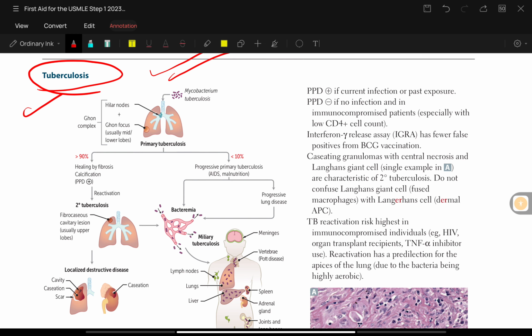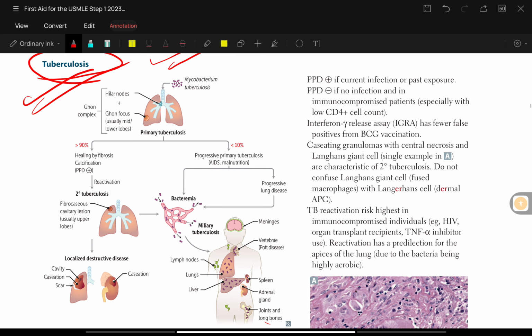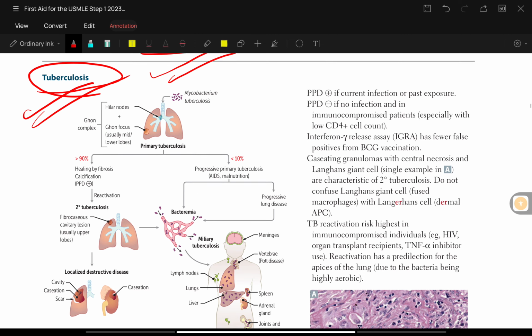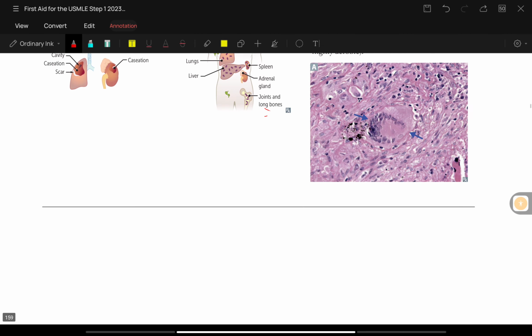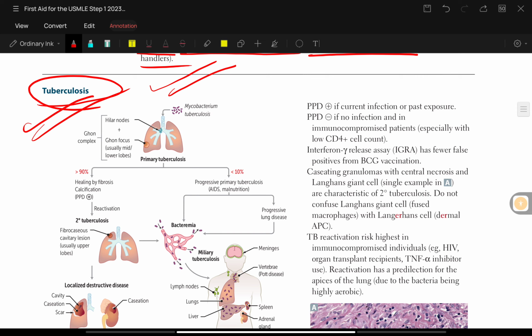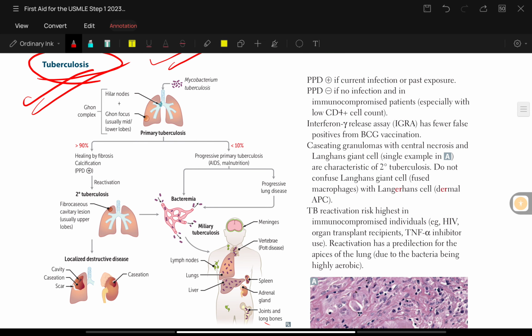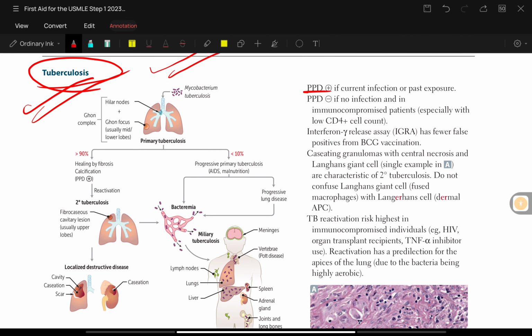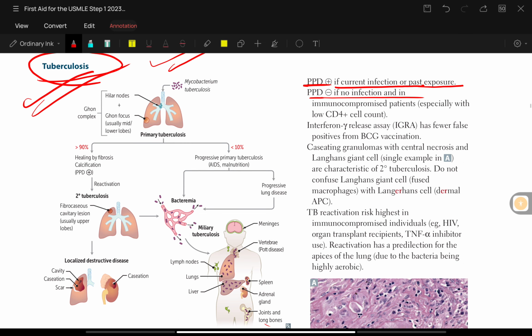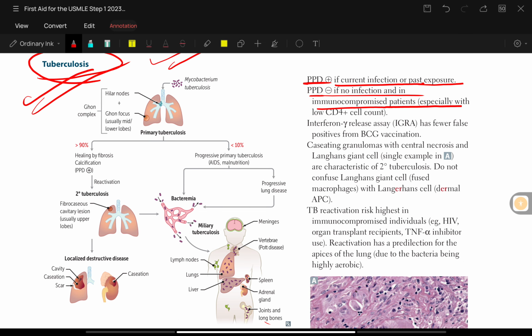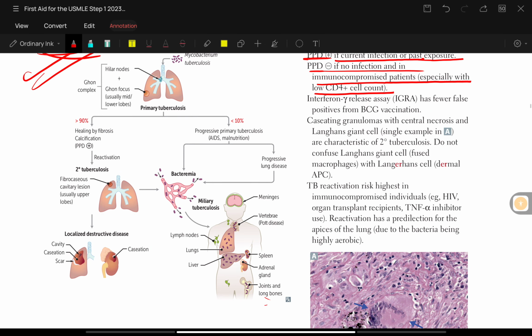Now talking about tuberculosis. PPD positive if current infection or past exposure, PPD negative if no infection, or in immunocompromised patients, especially with low CD4 plus cell count.